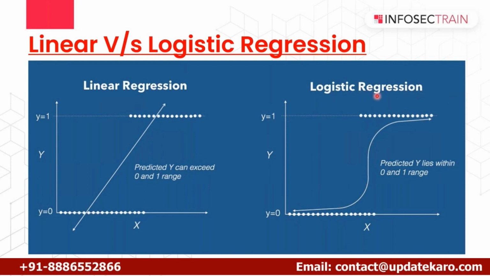In the name itself there is logistic, which means that I have used the logit function over there, right? So let us understand what exactly logistic regression is in a deeper way, so you can understand this thing, right?